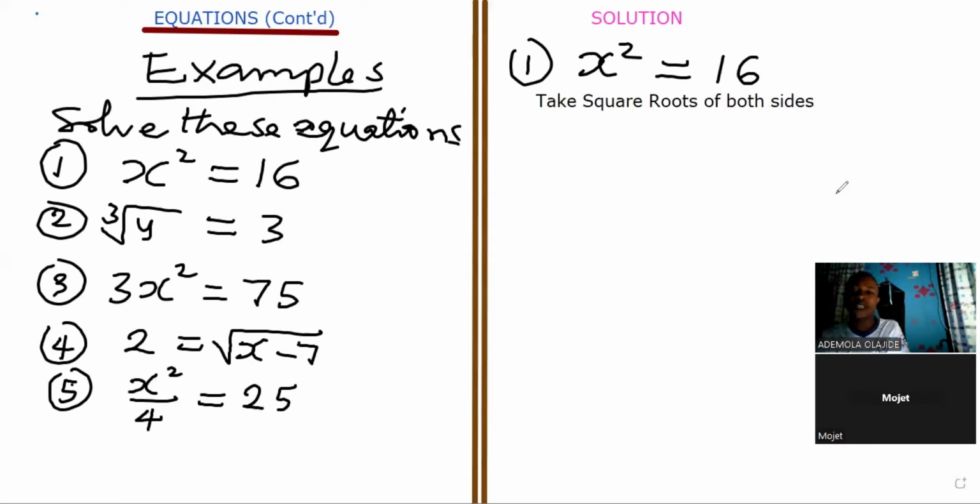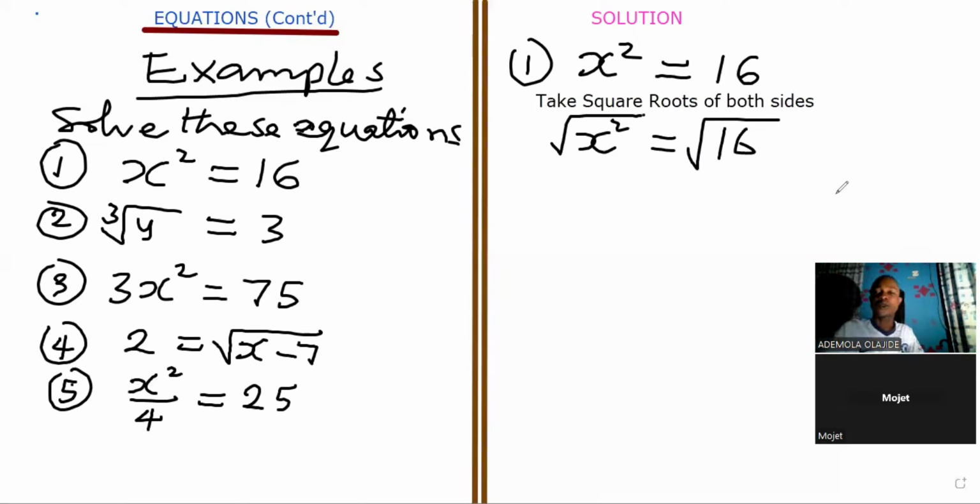Taking square root of both sides means this x squared equals to 16, take the square root on the left and take the square root on the right, so that square root will help you cancel square away. So you are now left with x. Square root and square will cancel each other. So x equals to square root of 16.